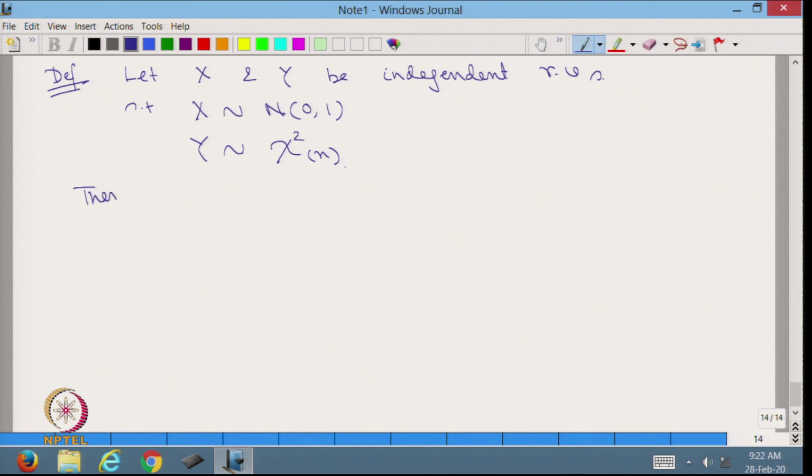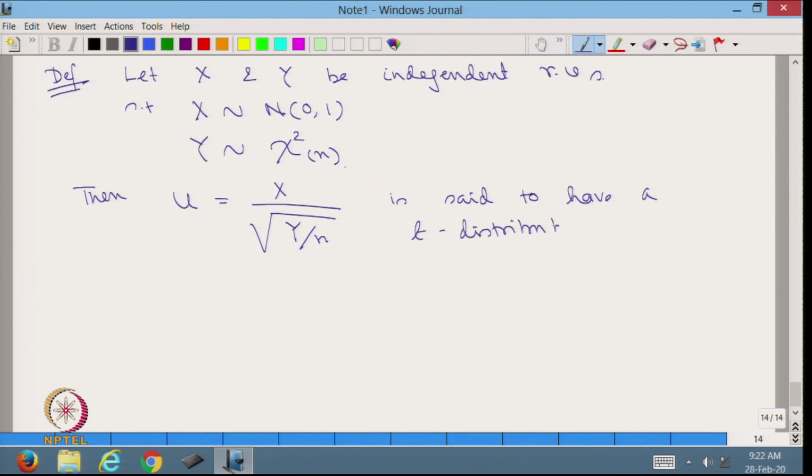Then u, which is defined as x upon square root of y by n, is said to have a T distribution with n degrees of freedom.